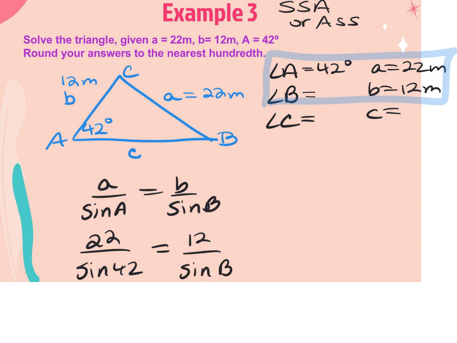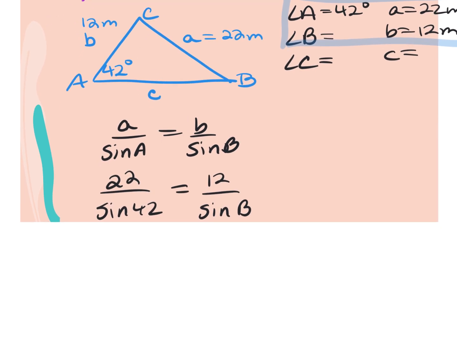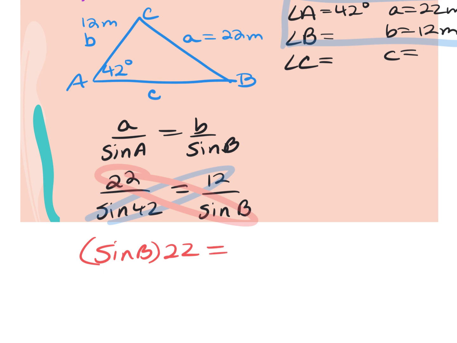So remember, when you're looking for an angle measure, after we do the cross products here, we're going to be using the second key, or the inverse. So we're going to go ahead and cross multiply. So I'm going to multiply the sine of 42 times 12 and 22 times the sine of B. So sine of B times 22 is equal to the sine of 42 times 12.